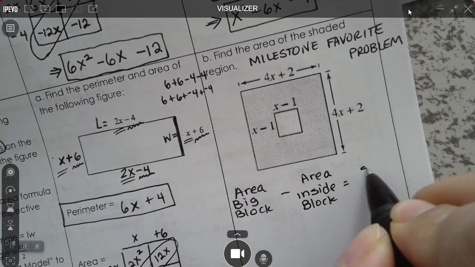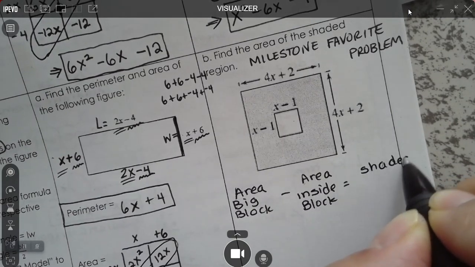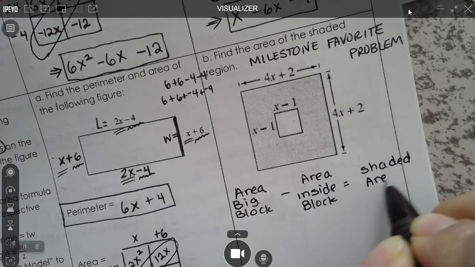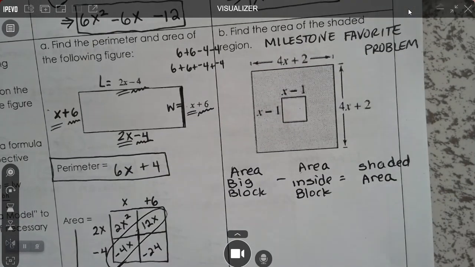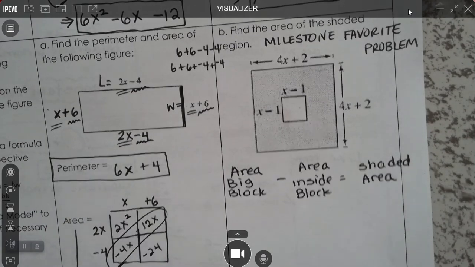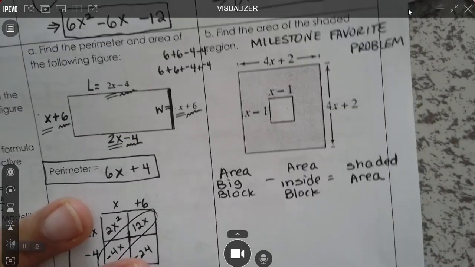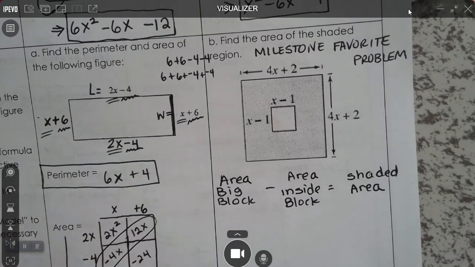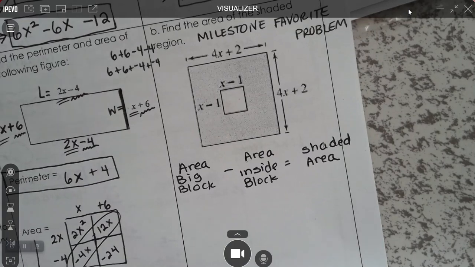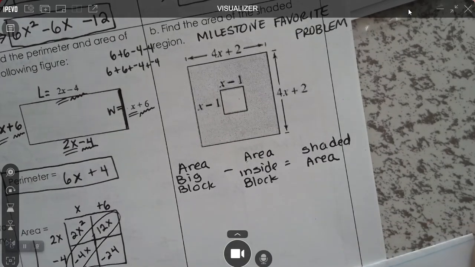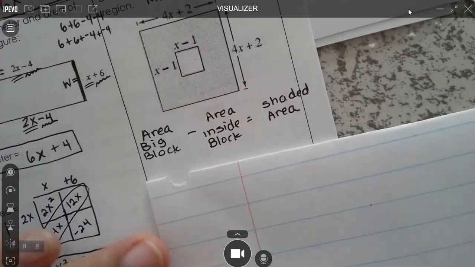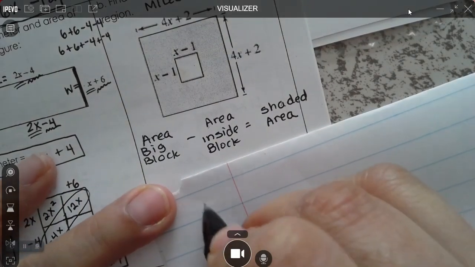And that's going to give us the shaded area. So it is like 4 problems in one. Time for outside paper help. All right, area of the big block.